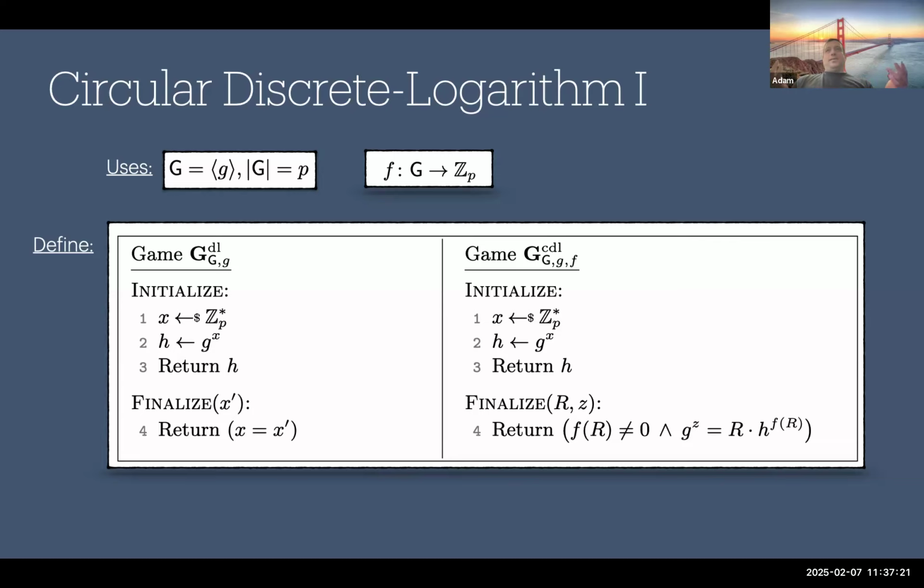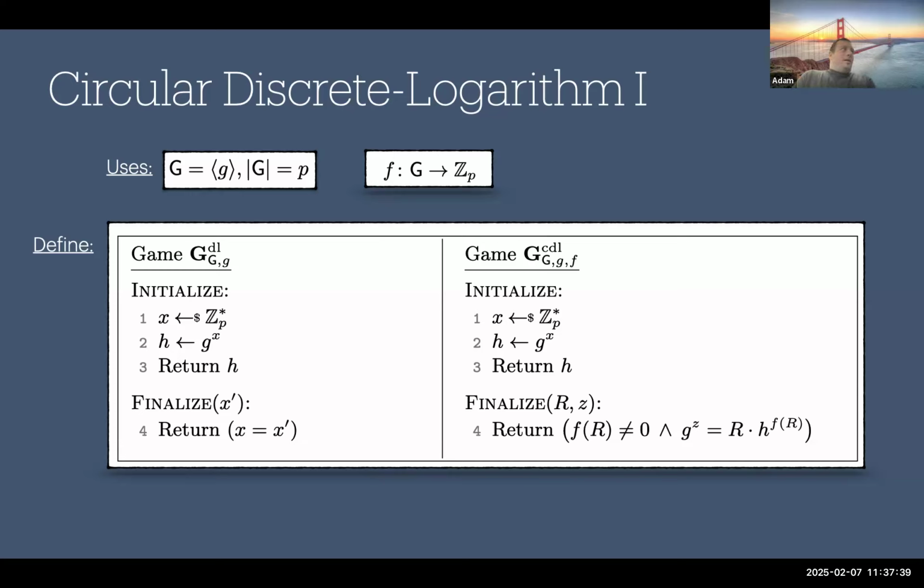Yeah, because that's an element in ZP, right? And we prove in the generic group model that this is hard. I mean, we have to use the elliptic curve GGM for some reason, but I'll explain it.